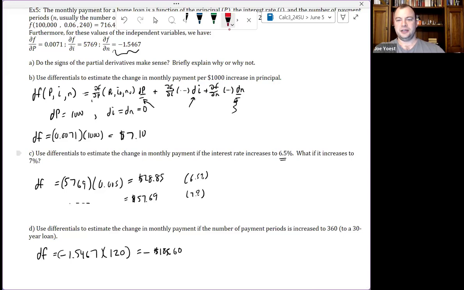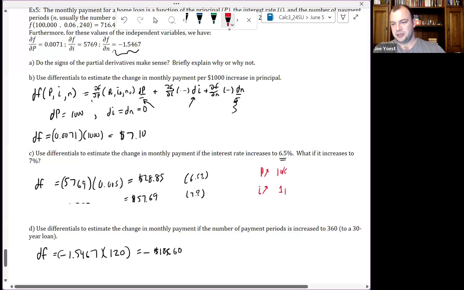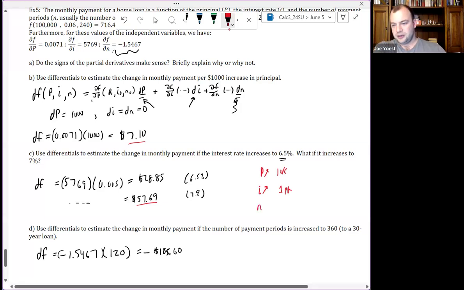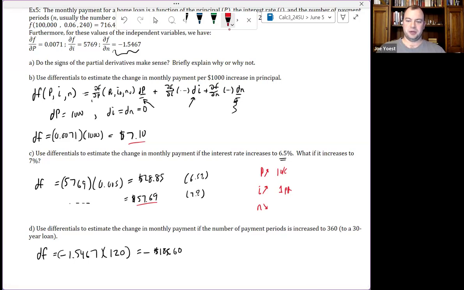As kind of a side note, I can see that if principal increases by about 10K, that increases my monthly payment by about $70. If my interest rate increases by, say, 1 percentage point, that increases my monthly payment by, say, in the ballpark of $60, $70. If my term were to decrease by 120 months, that would increase my monthly payment by 185.